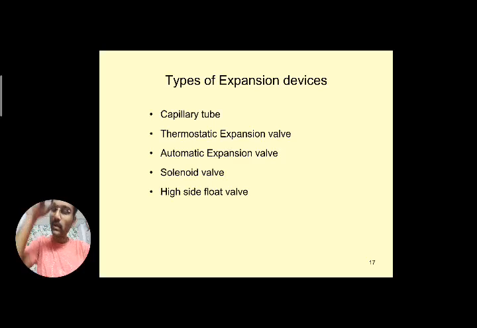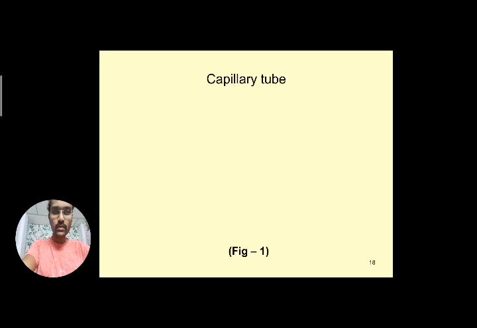Float valves are used when the type of evaporator is different, like the flooded type of evaporator, where we can use the low side and high side float valves. But mostly we will discuss the capillary tube and the thermostatic expansion valve. These are very important and the most used expansion devices.